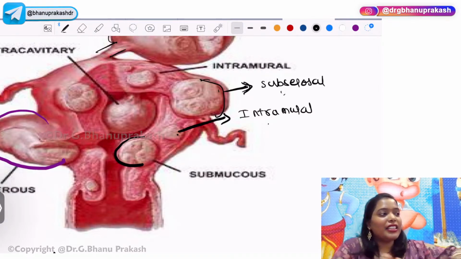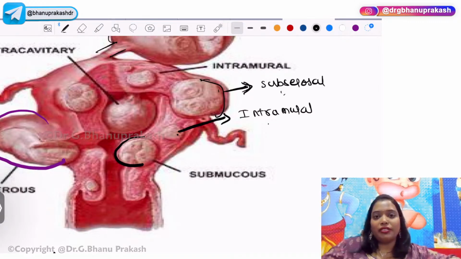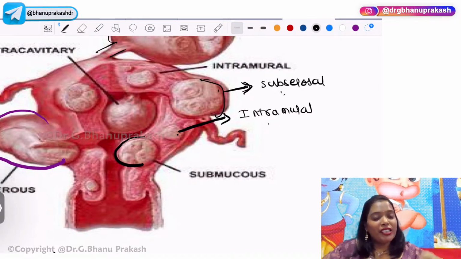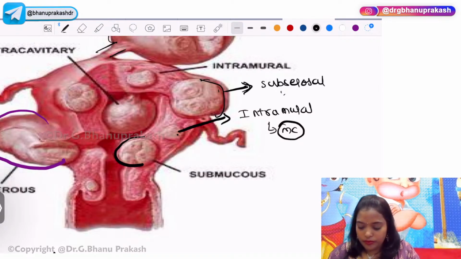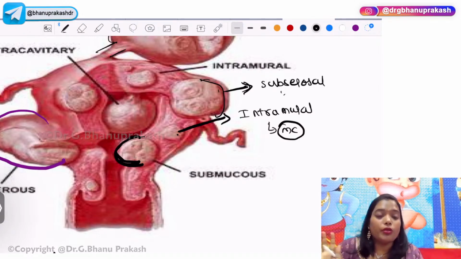After that it is pushed either this side or that side. So it can either become submucosal or subserosal, but first it arises in the muscle. So most common is intramural. No, most symptomatic is submucosal.